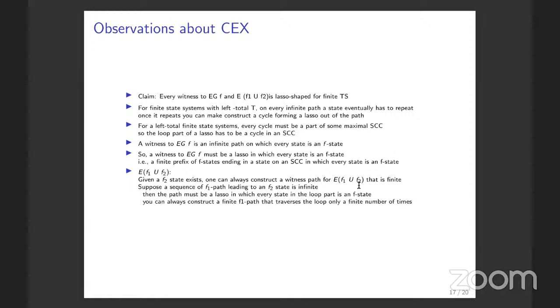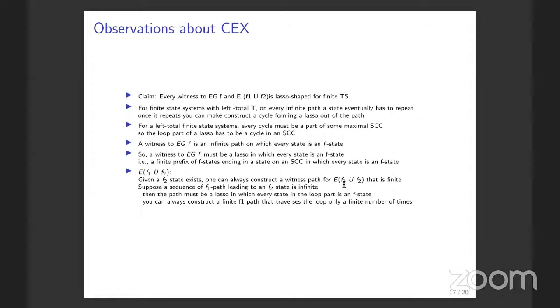That's why you were able to compute the fixed point by computing the predecessors until you reached a fixed point. Because once you reach a fixed point, it will cover all the finite F1 prefixes leading to F2, and those that may have loops will also be in that.